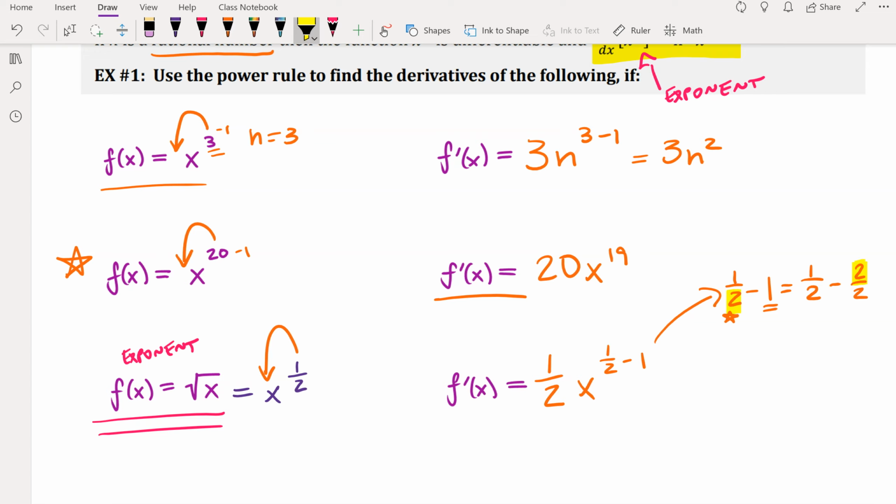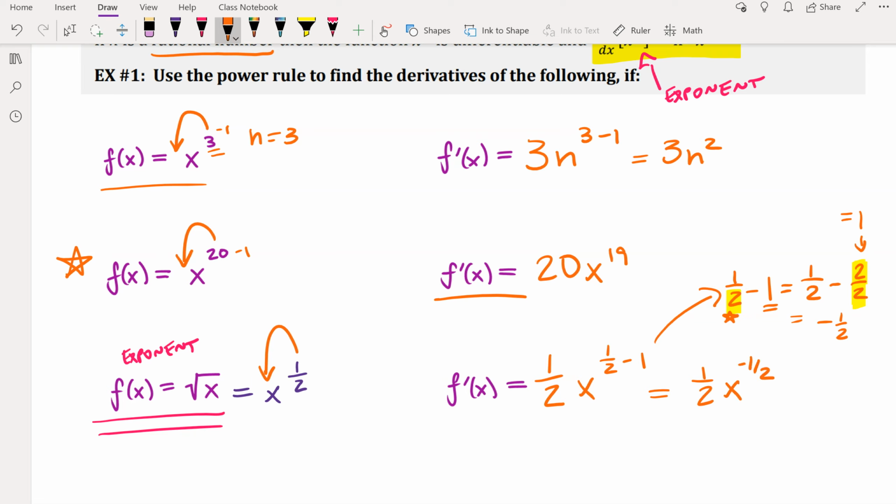So you just put same over same, 2 over 2, which equals 1. So we're just writing a common denominator. Okay, so 1/2 minus 2 over 2 equals negative 1/2. So we simplify this and we get 1/2 x to the negative 1/2.